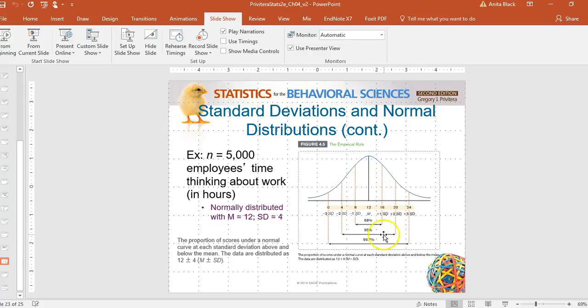In a normal distribution, 95% fall within 2 standard deviations. You can see this by 12 minus 2 standard deviations of 8 is 4. So 95%. This is on a normal distribution.